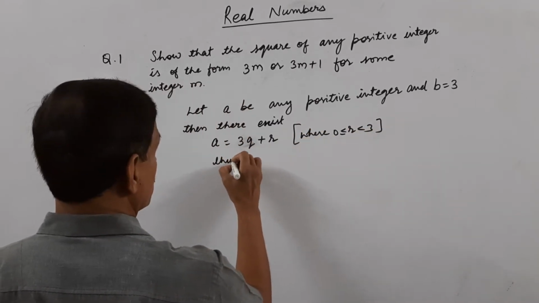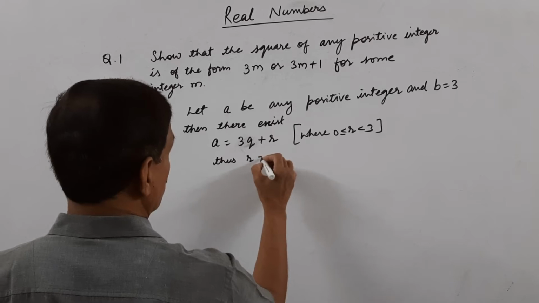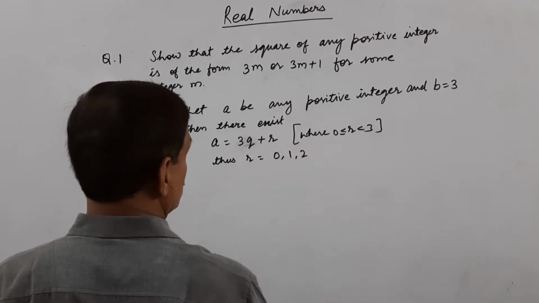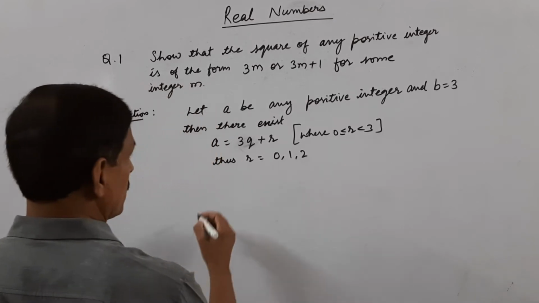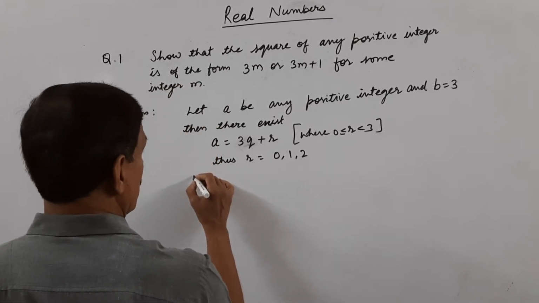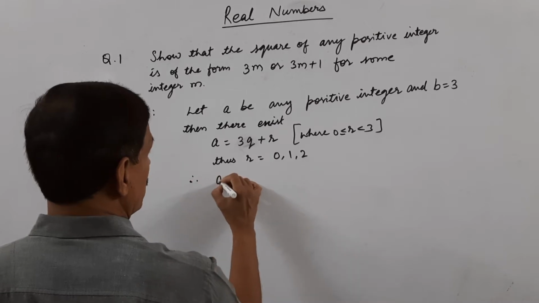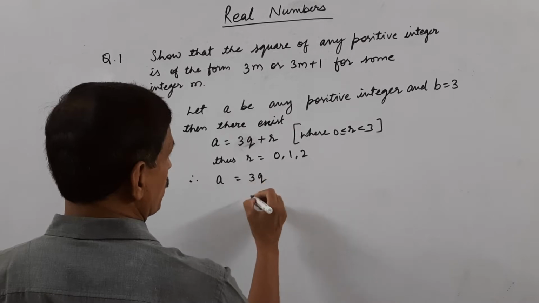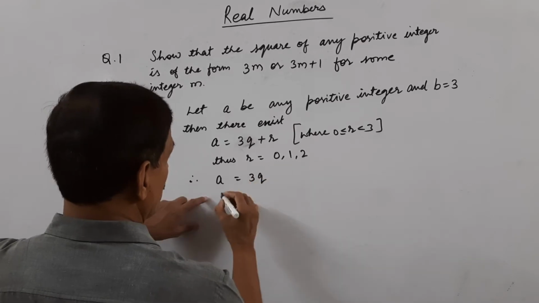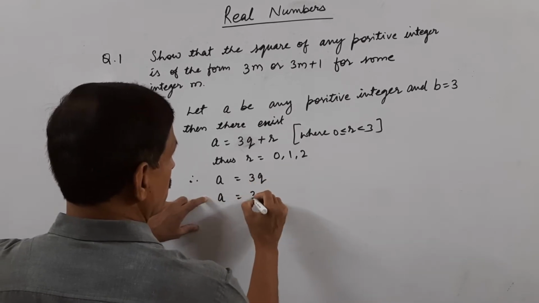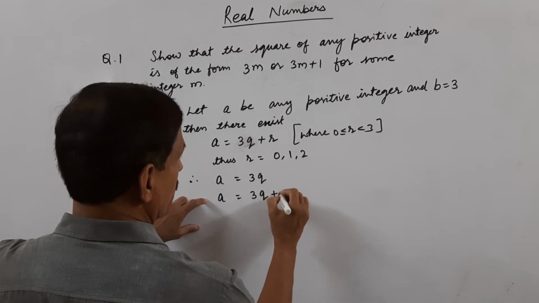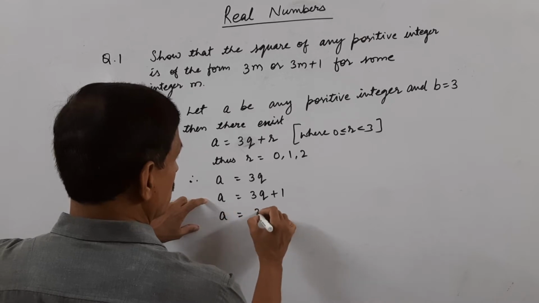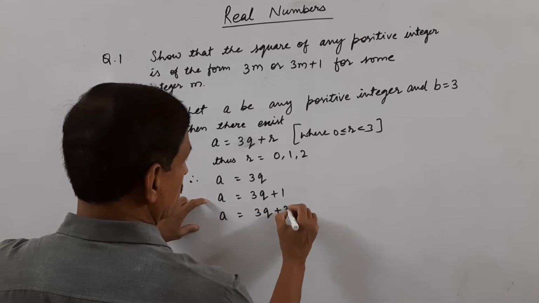Thus r may have 0, 1 or 2 values. Therefore a is equal to 3q plus 0, or a is equal to 3q plus 1, or a is equal to 3q plus 2.